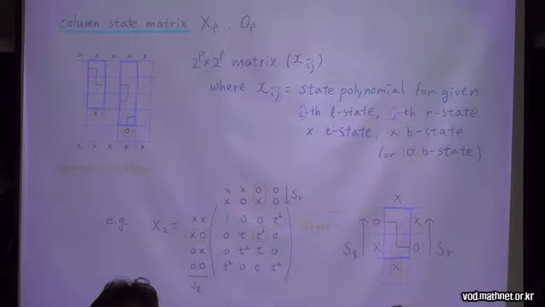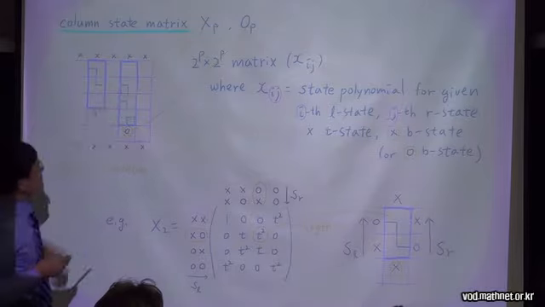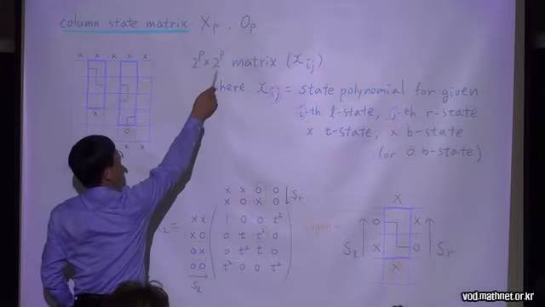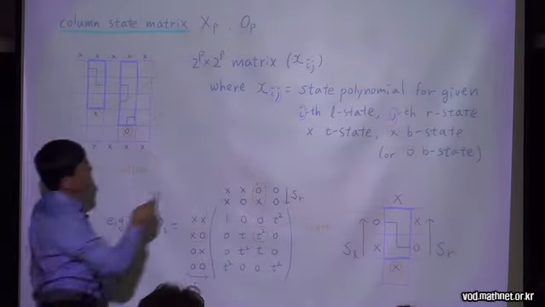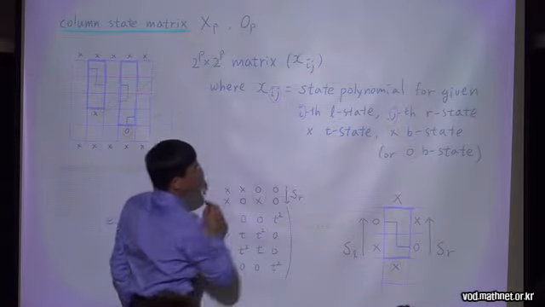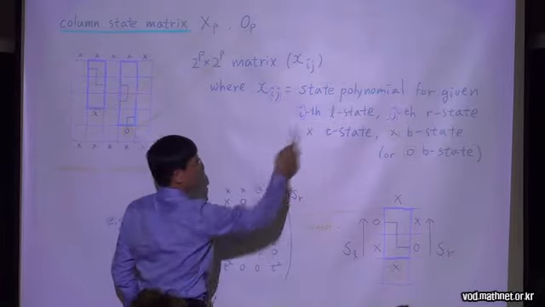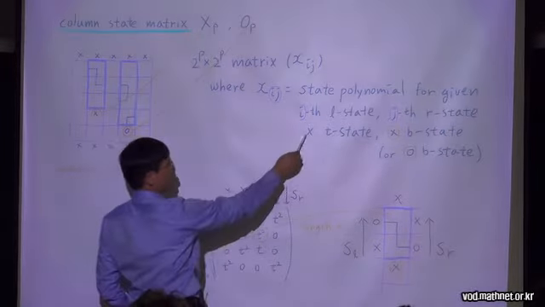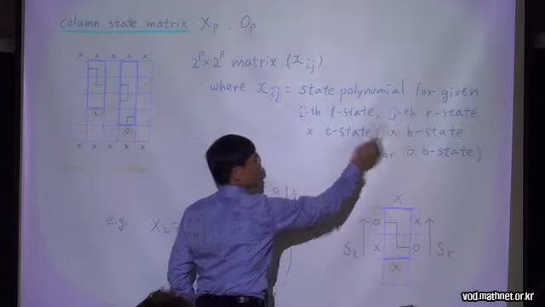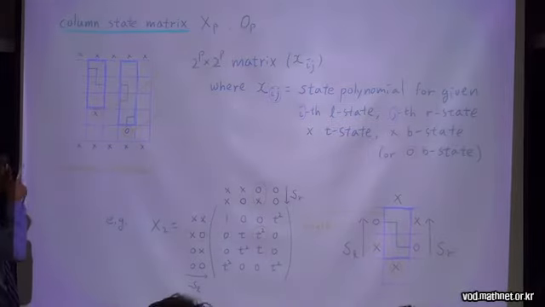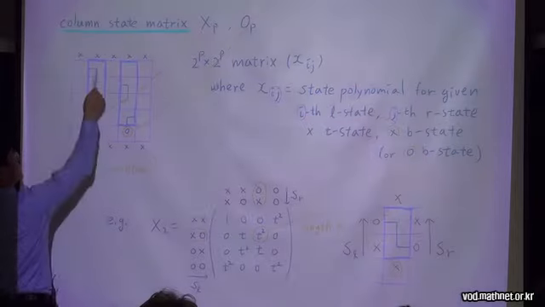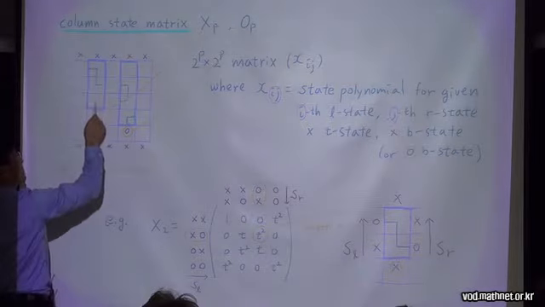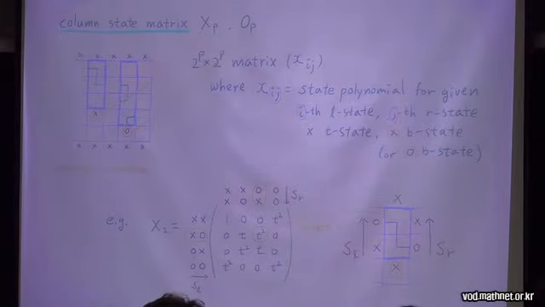And so XP is a 2^P times 2^P matrix. Each entry is the state polynomial for given I's L state and J's R state, and X top state and X bottom state. For the left state, if the length of this column is P, then there are 2 to the P choices.